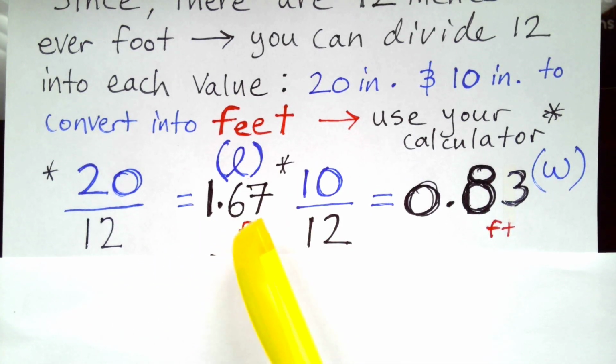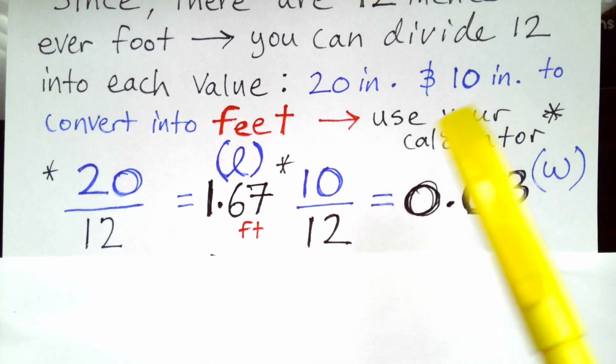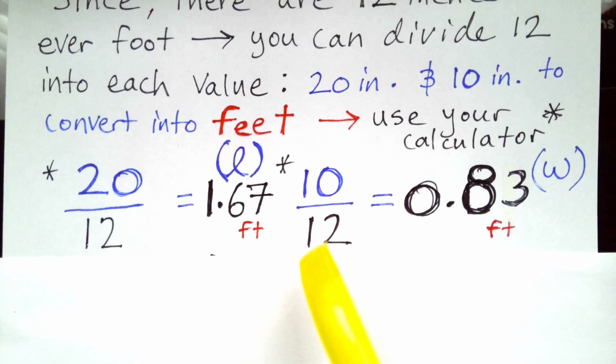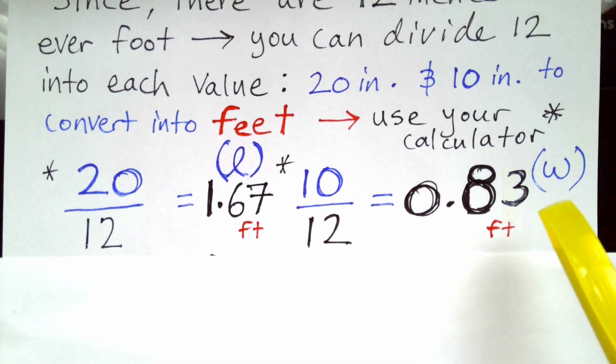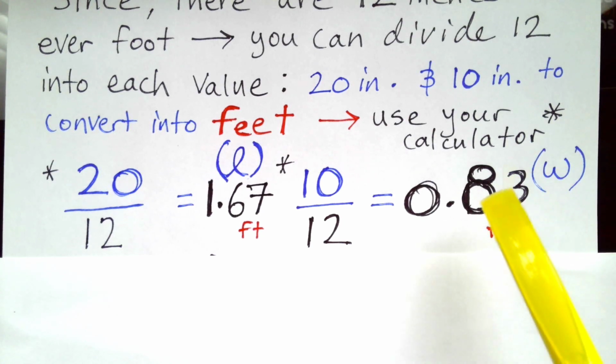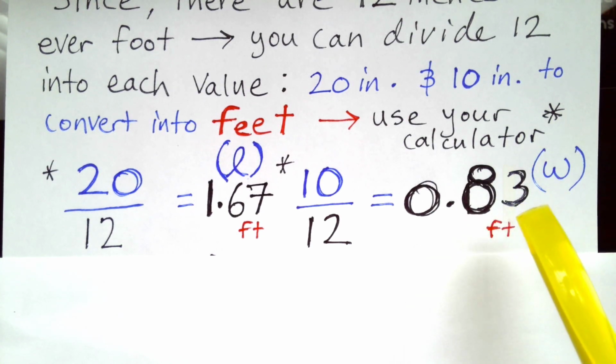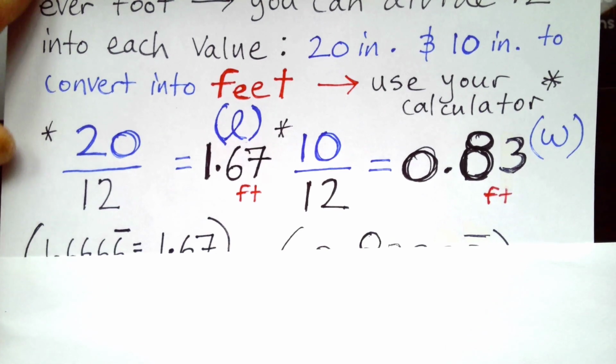Remember, you want to round up to the hundredths place, because that's what the instruction says. 10 inches divided by 12 equals 0.83 feet. That's our width. And again, you want to round to the hundredths place. That is part of the instructions.